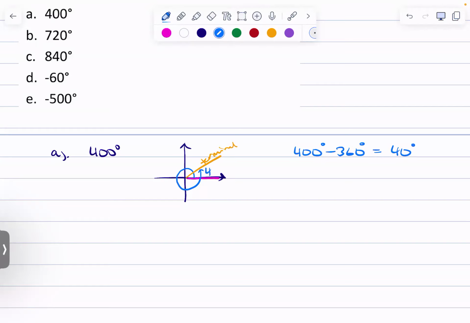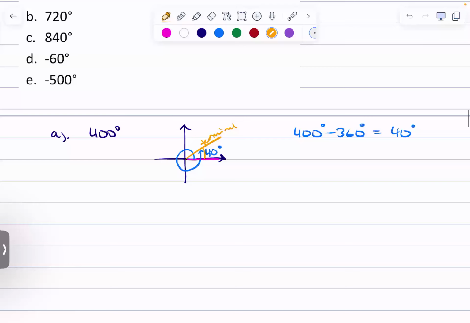So this is 40 degrees, the coterminal angle with a 40-degree angle.